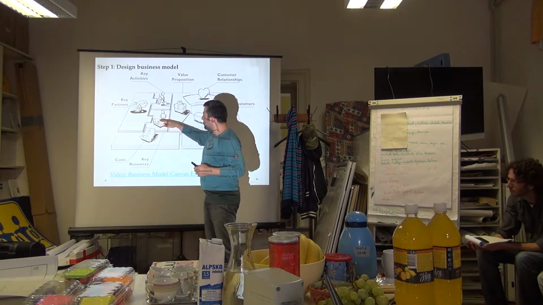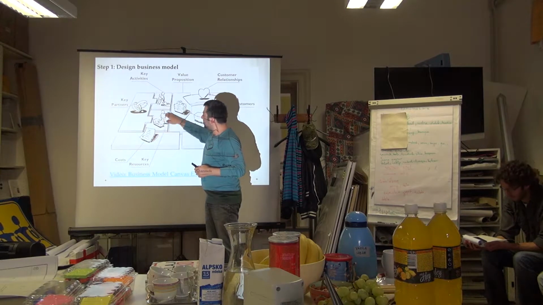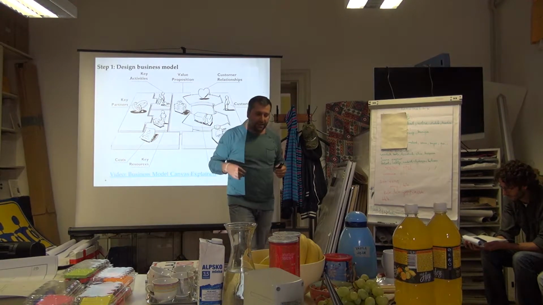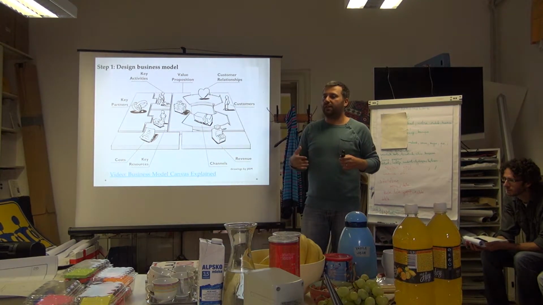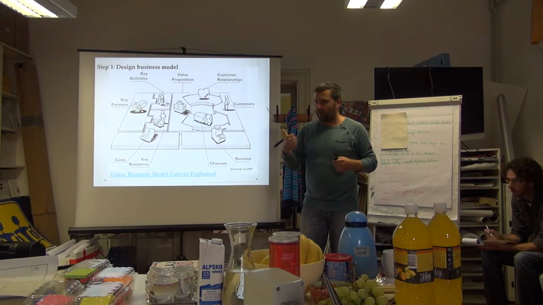And then you have key resources. So in that block you write what resources you need. So if you have a restaurant, you need a place to have a restaurant.